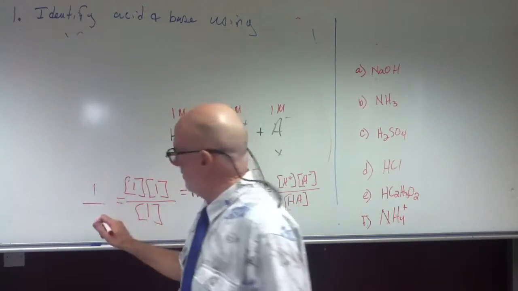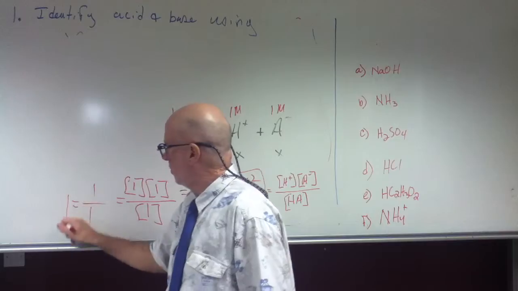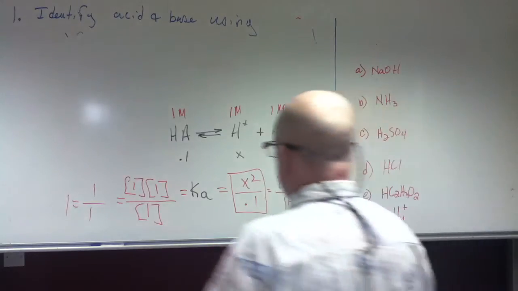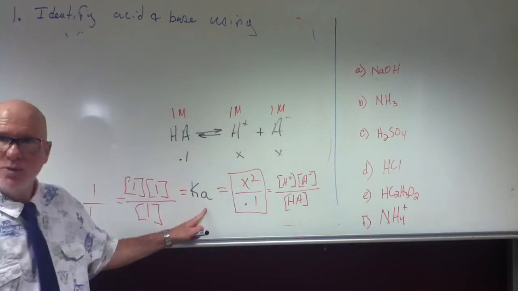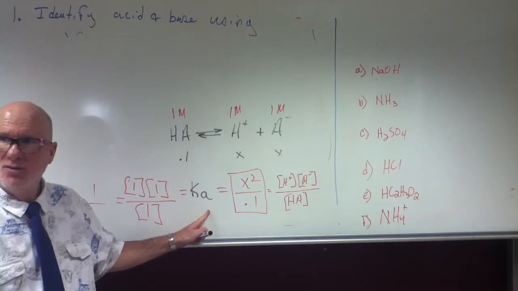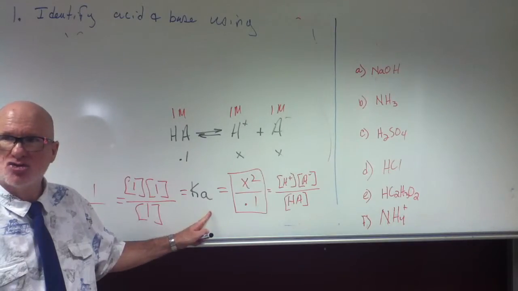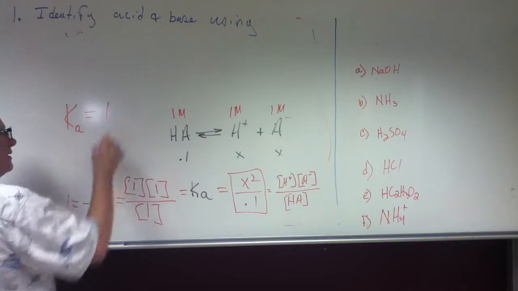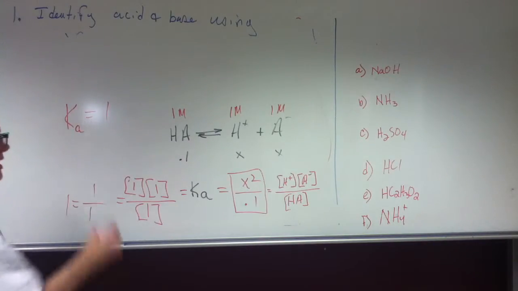What's 1 divided by 1? 1. So what would the Ka be for a strong acid? It equals 1 for a strong acid, right?